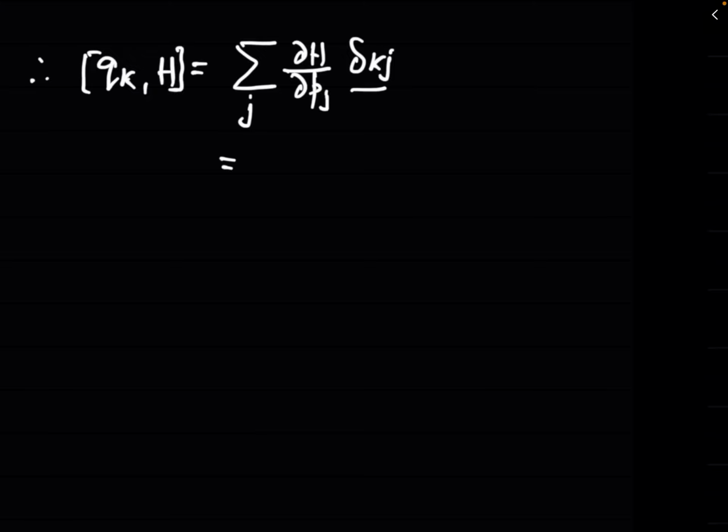Since you put the value fixed to this index J, the sign of summation will be removed, and this will be simply equal to del H by del Pk, because now I am putting J equal to K. So what we are getting here is that the Poisson bracket of Qk with H is equal to del H by del Pk.